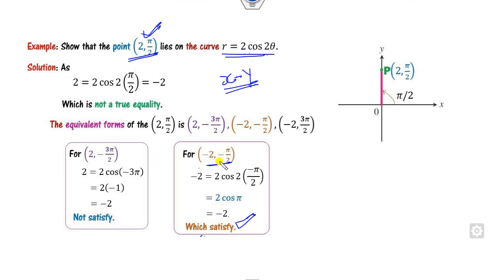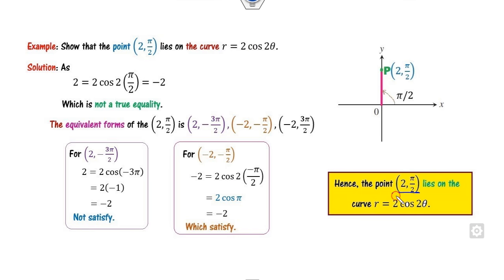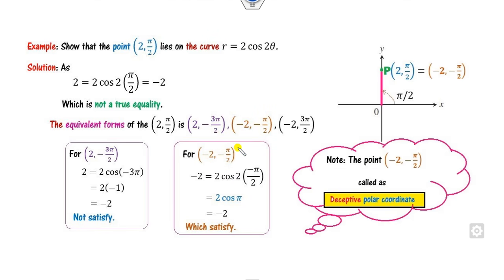This point is called the deceptive polar coordinates of this, because this is not the actual point which is given to you. So you have to find the equivalent form, and this equivalent form is called the deceptive polar coordinates of this. There is no need to check this one because this is already satisfied.